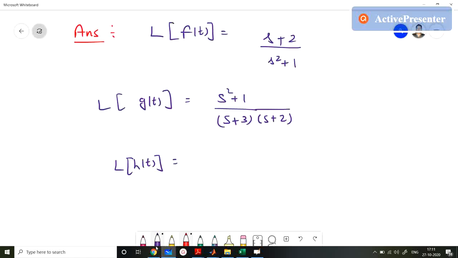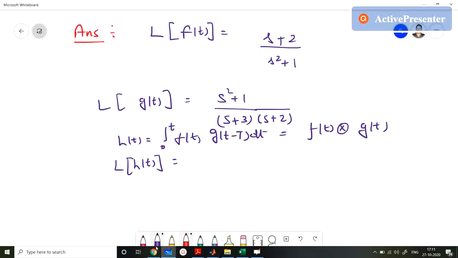Now we need to find out the Laplace transform of h(t). h(t) is given as the integral from 0 to t of f(T) g(t minus T) dT. In terms of the unilateral Laplace transform, it is nothing but f(t) convolution with g(t).